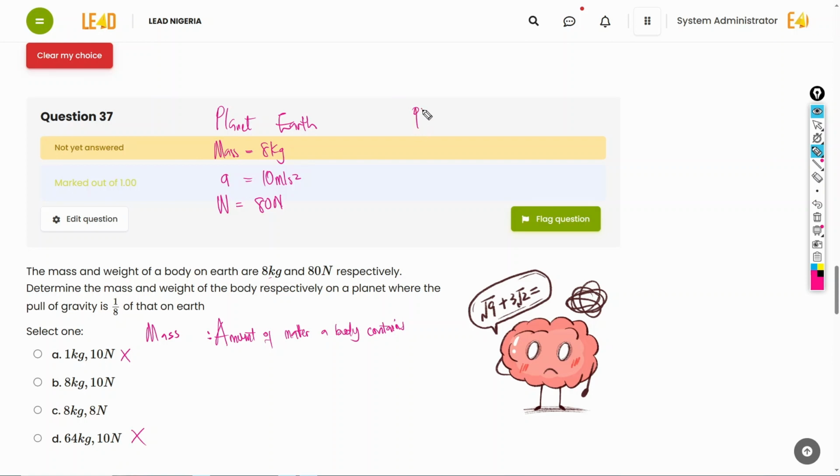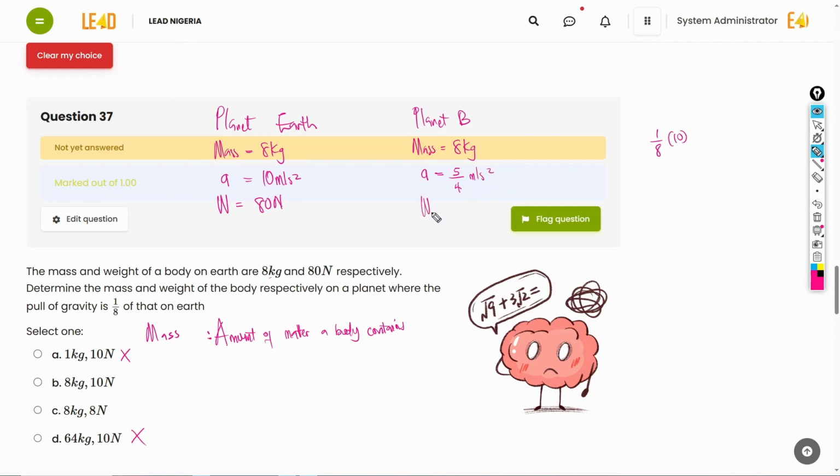Now on planet B, your mass is still 8 kg. Your acceleration is now 1/8 of that on the Earth. So 1/8 of 10 is 10/8, that's 5 over 4 meters per second squared.